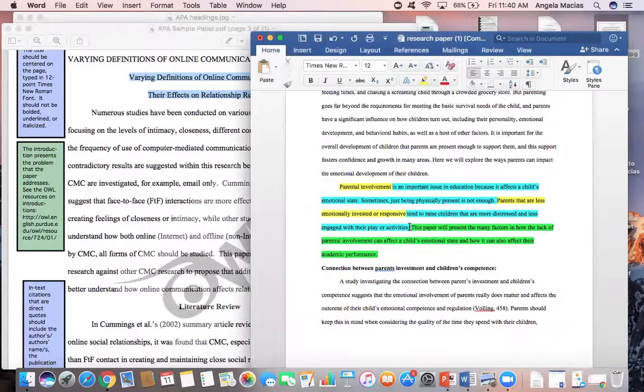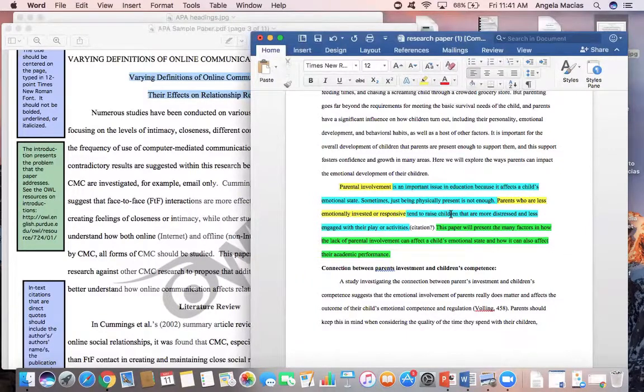So if I were writing this person some notes, I would just put citation, right? Where's the citation for this? If we say that parents who are less emotionally invested raise children that are distressed, do we have proof of that? Okay, so I think actually right here, since I'm on it, I can correct my own mistake. Parents who, they're people, so we want to say who.